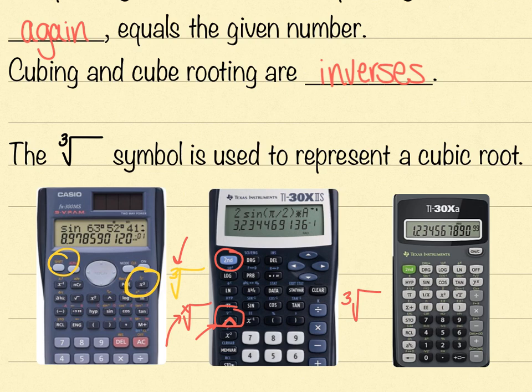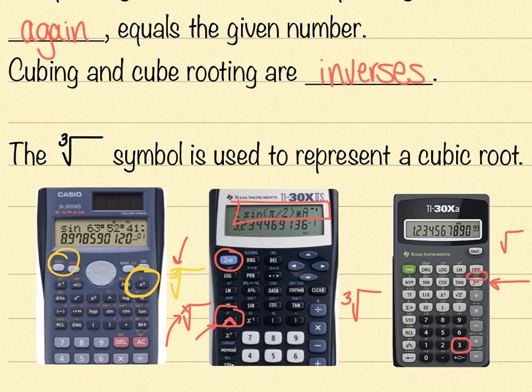Some of you might have calculators that look more like this one on the right. On this one, you can't actually see what you're typing into your screen like you can on the other two. So for this one, you're going to hit 3 first, and then your little button is up here in the corner.